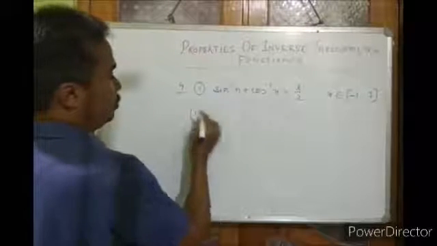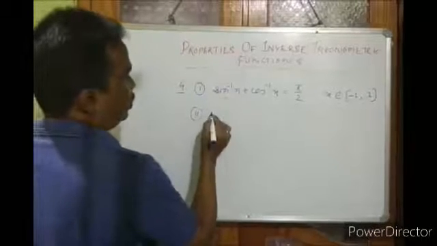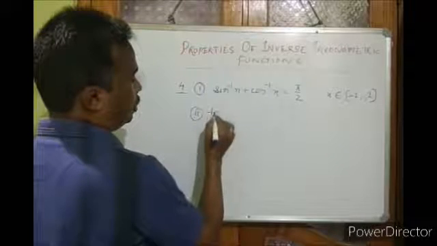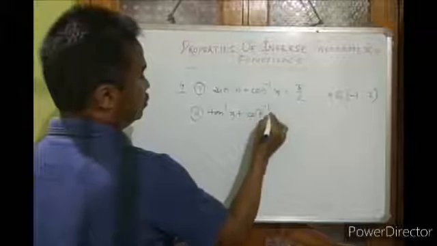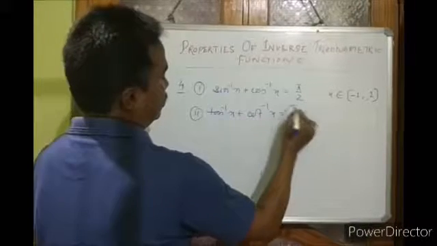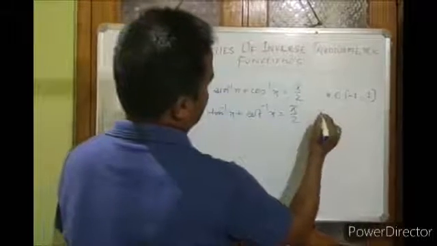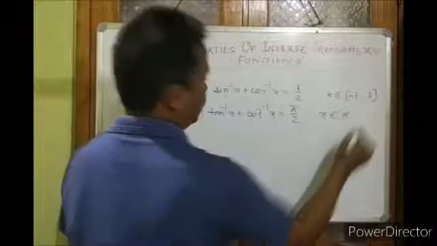Number 2: tan inverse x plus cot inverse x is equal to again pi by 2. This is true for any x belonging to R, for any real number.